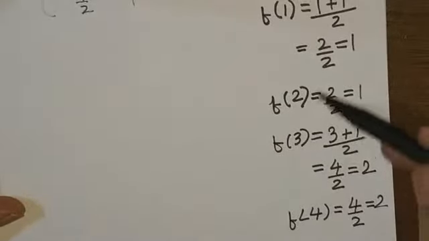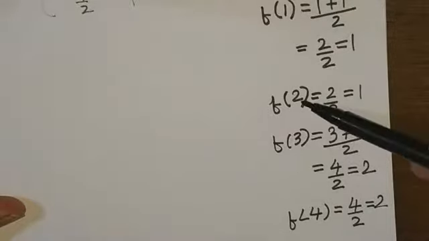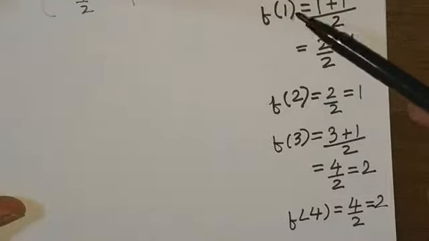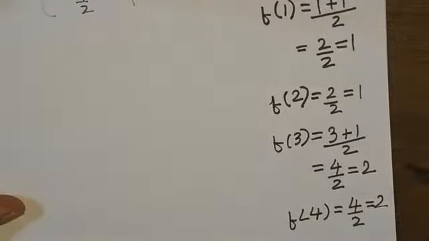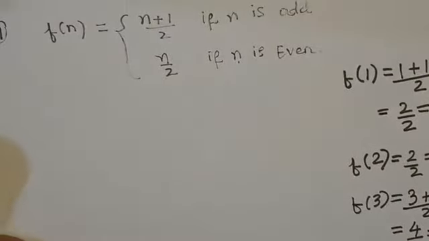So you can see that the function takes same values at two different points. Here you are getting the same value 1 for the two different points 1 and 2. Here you are getting the same value 2 for the different points 3 and 4. So you can see that the function is not 1-1.